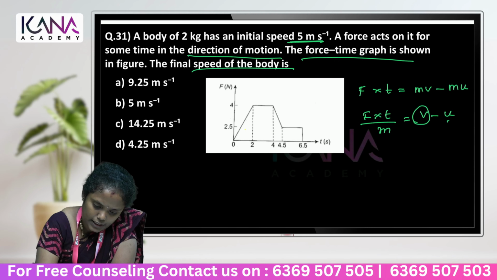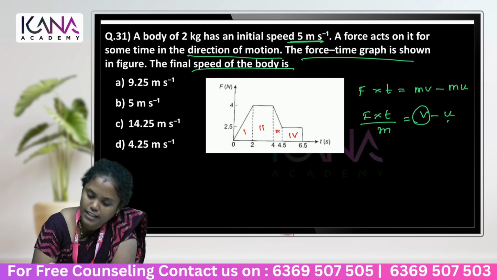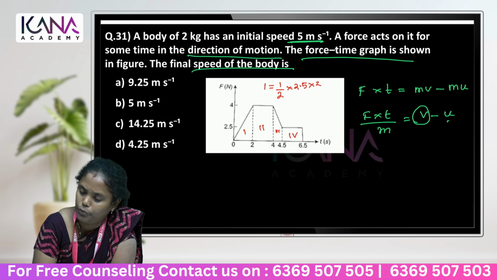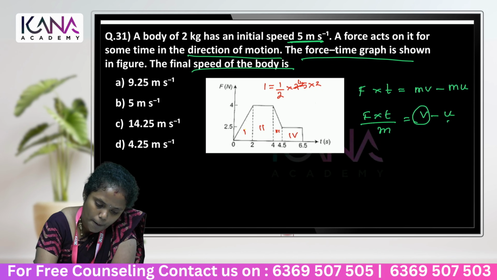So 1, 2, 3 and 4. The area of the first graph is half into 2.5 into 2. Okay, good. 4 into 2. So it is 4. Here it is 4.